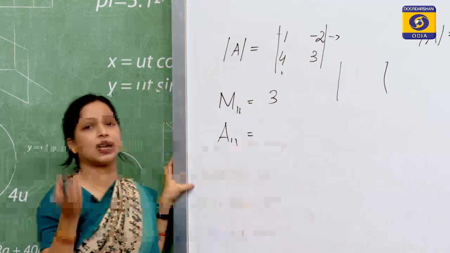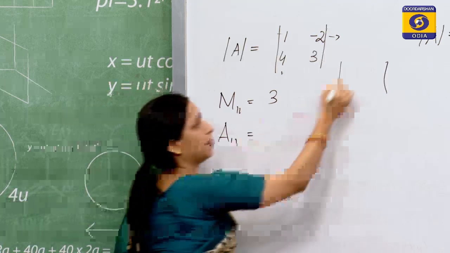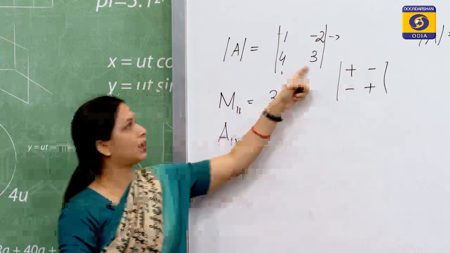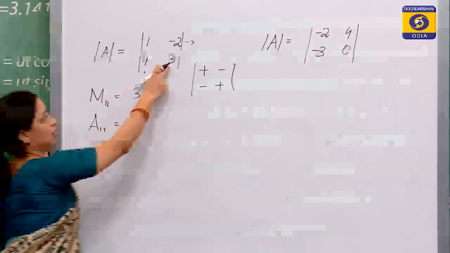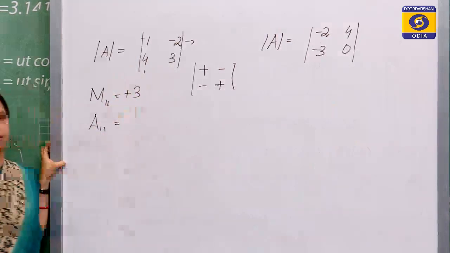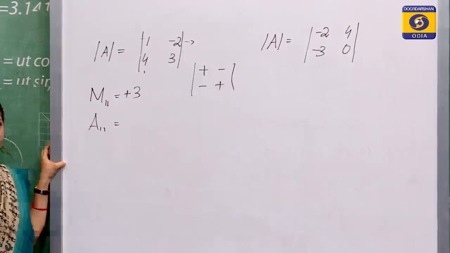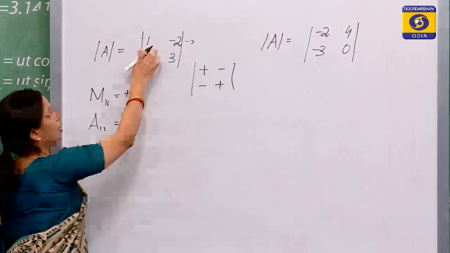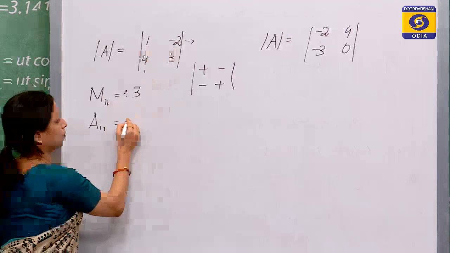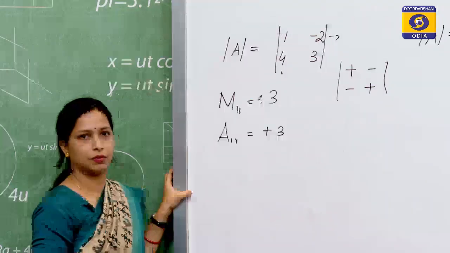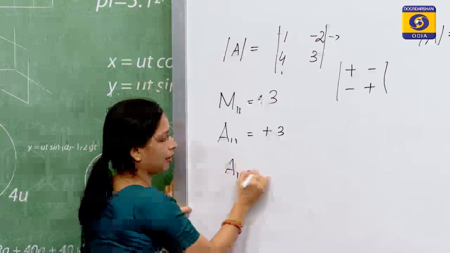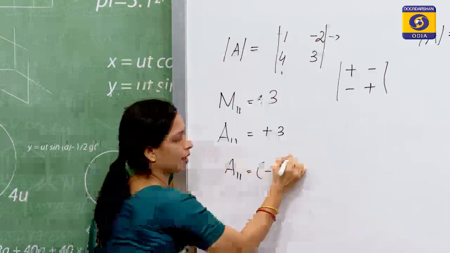So, what sign will we use? We have to remember the positional signs, right. So, what is the position of A11? Plus. So, it will be plus, right. Or for further proof, we know the sign is minus 1 to the power i plus j.